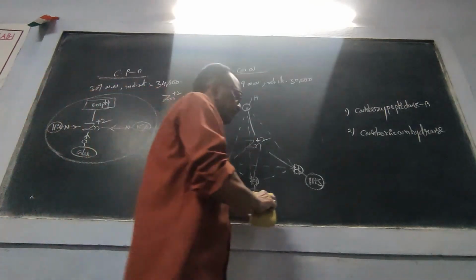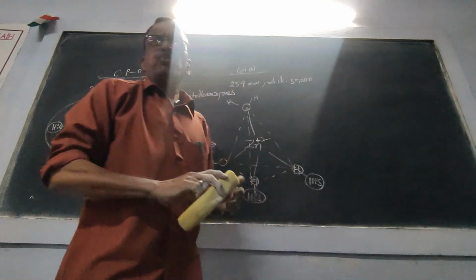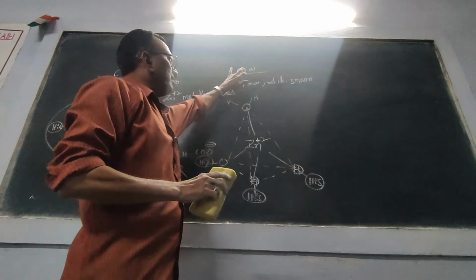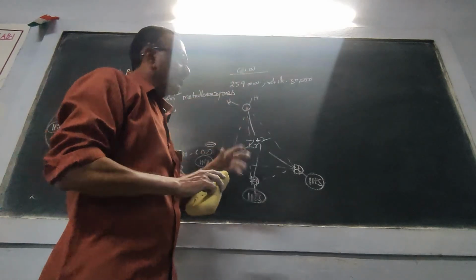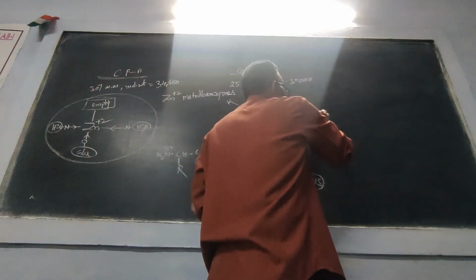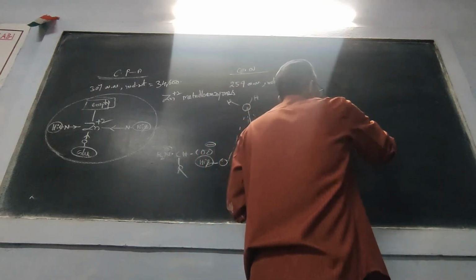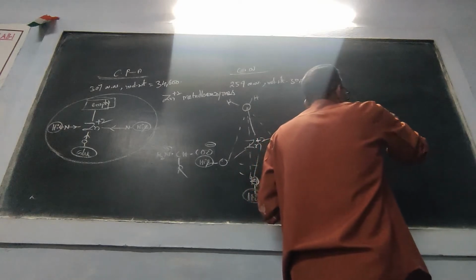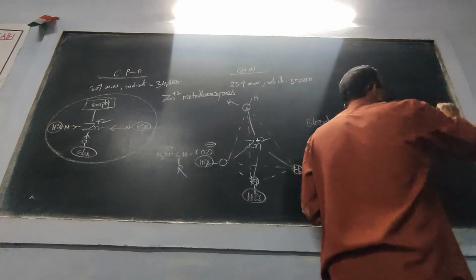Now both enzymes are very important. Why? Because first I am coming to this one, carbonic anhydrase. What is its function? Generally, our blood has a pH of 7.35 to 7.45.